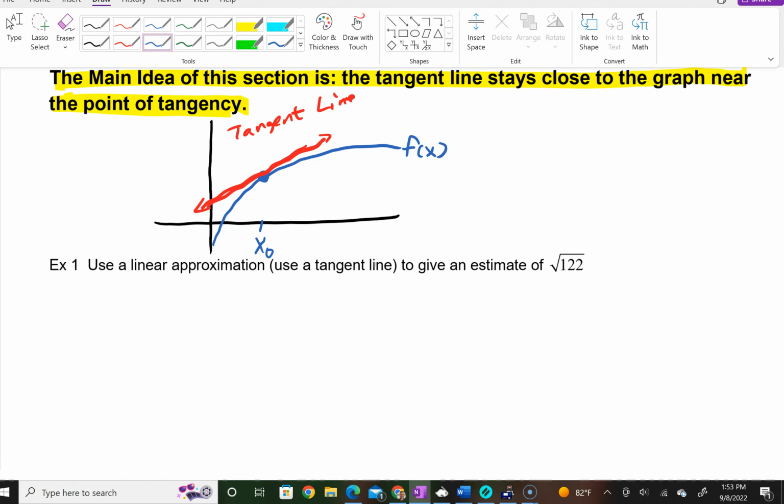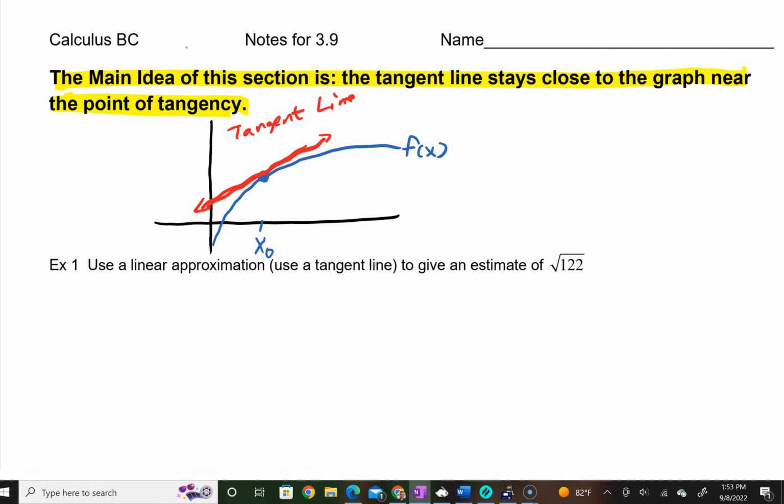I'm even going to change it to a different color and say, let's just say that I were looking at the point where x was given. Maybe it's x naught plus something. It's a little bit bigger. If I were to come up here, this point on the tangent line in the red line would be very close to this point on the curve.